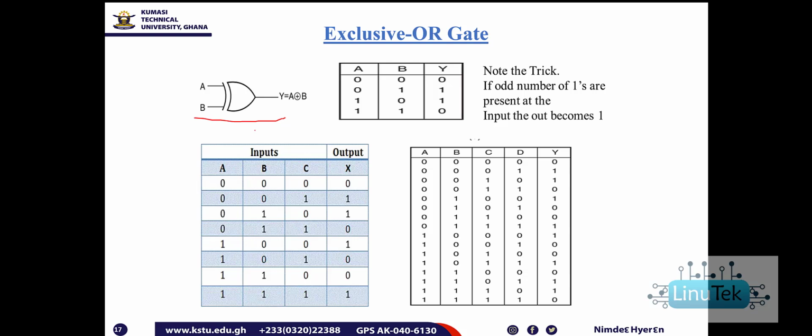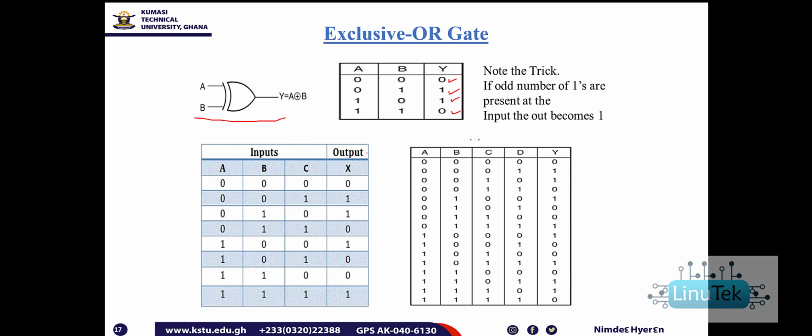So when we look at the truth table here, because it has 2 inputs, you have 4 possible combinations of A and B. 0 XOR 0 is 0. 0 XOR 1 is 1. 1 XOR 0 is 1. 1 XOR 1 is 0.